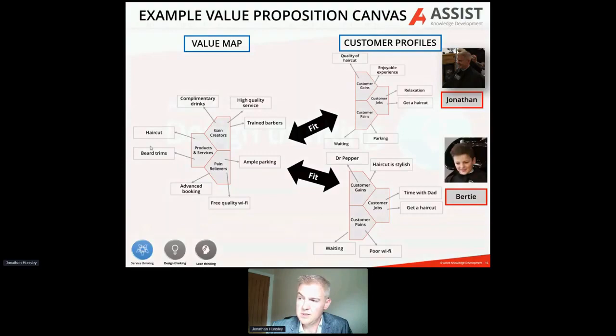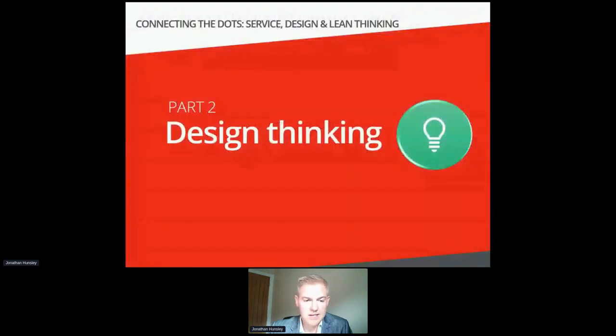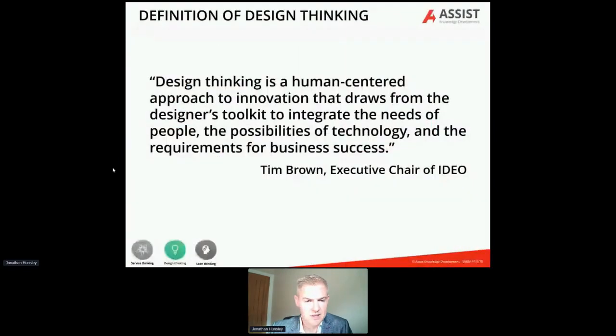And what I wanted to do next was talk to you about design thinking. Now, design thinking, again, as I said earlier, comes with quite an extensive toolkit, but let's start with a definition. And this definition has been provided by Tim Brown, who's executive chair of IDEO, and IDEO are a consultancy organization that work quite closely with Stanford University.